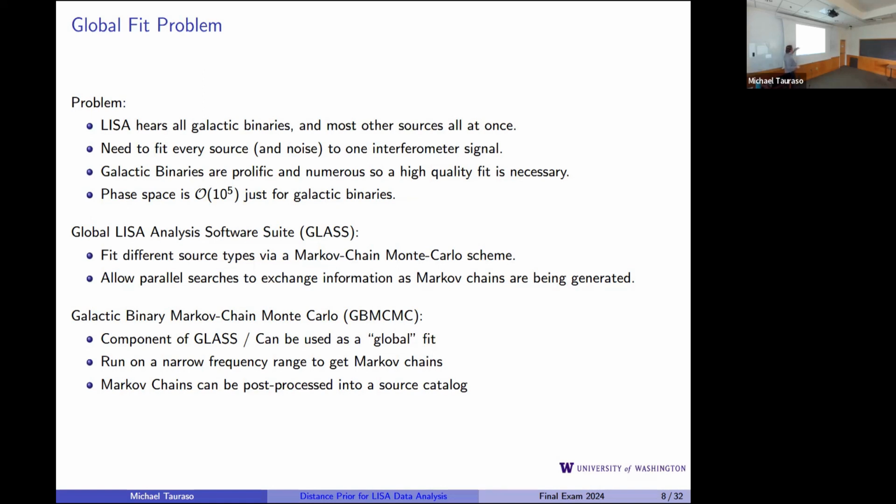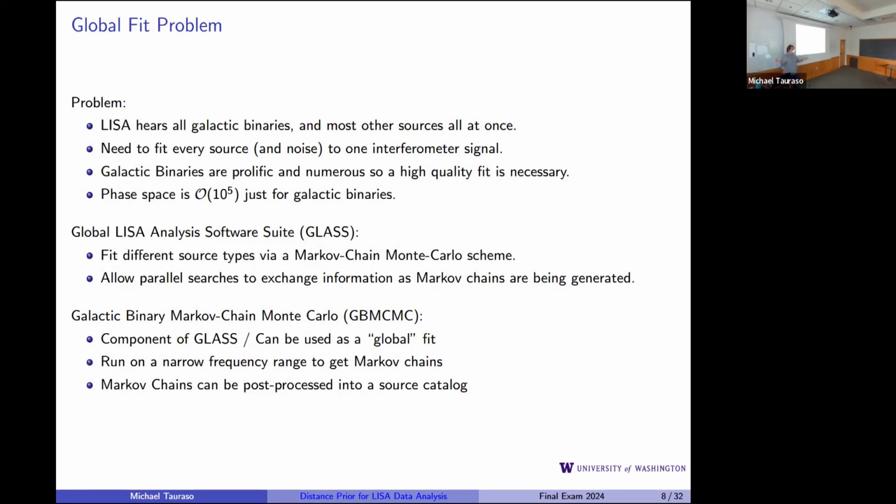The component I'm working on is called Galactic Binary Markov Chain Monte Carlo, GBMCMC. It's technically a global fit if your definition of global includes just a noise model and galactic binaries; it doesn't include anything else. The basic operation is you put in interferometry data, and it takes a narrow frequency band.